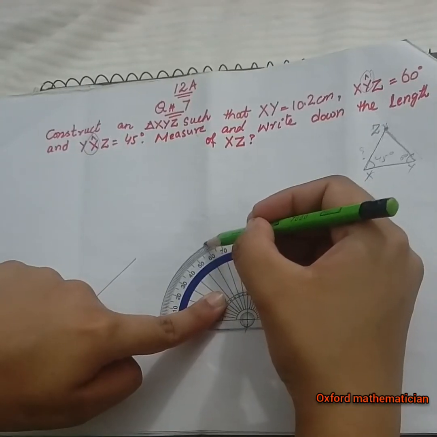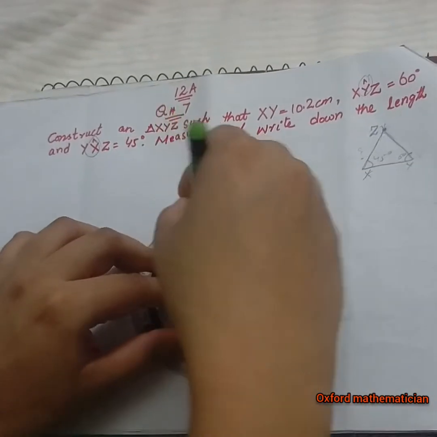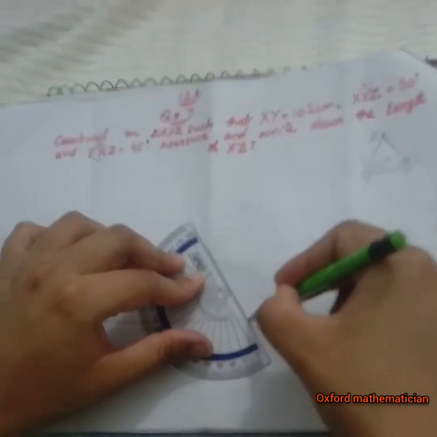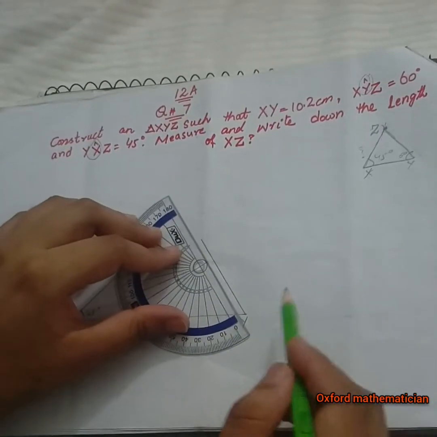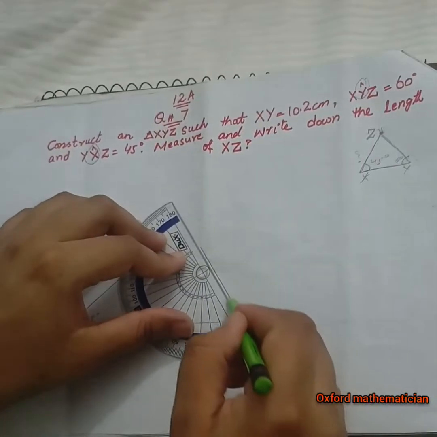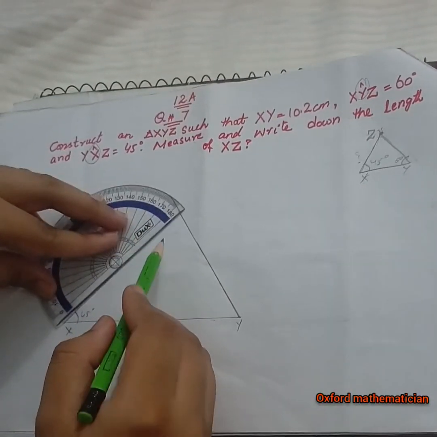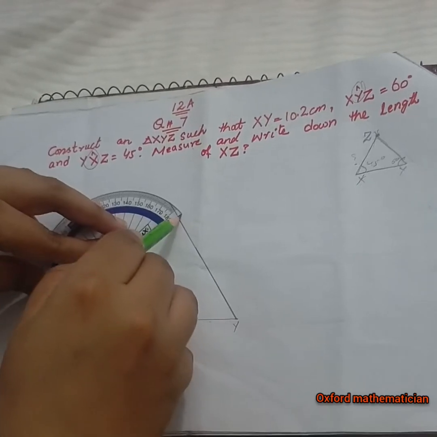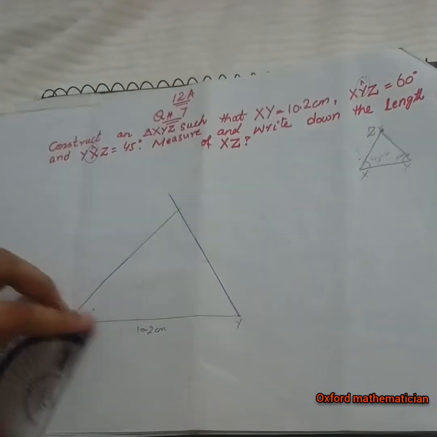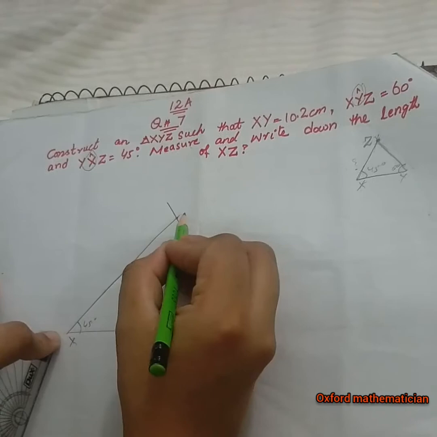Very easy. We draw it. Okay, and now we enlarge them to join these two lines to each other. Here we join them. Here is the point Z.